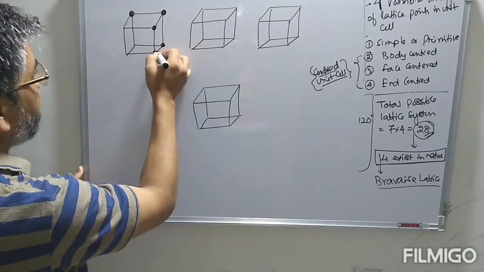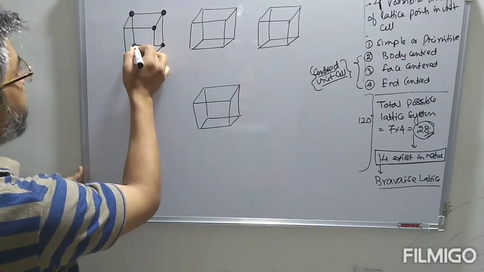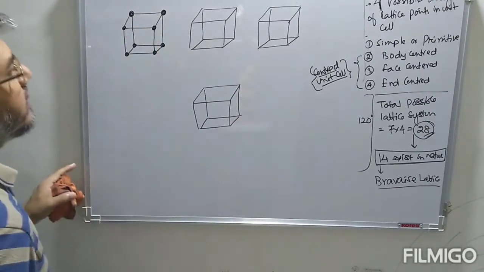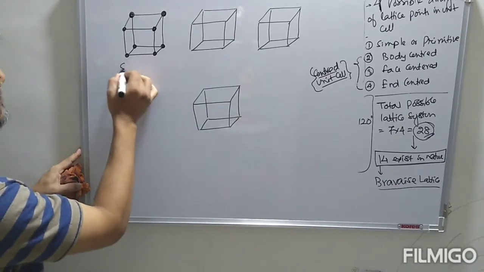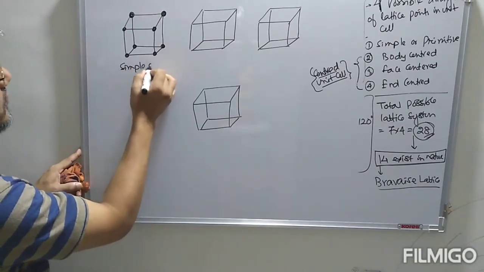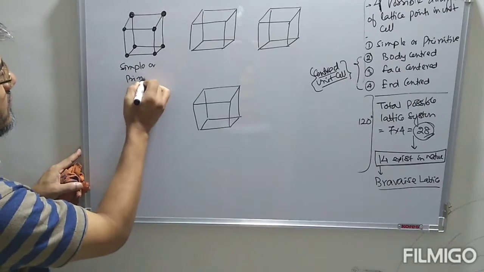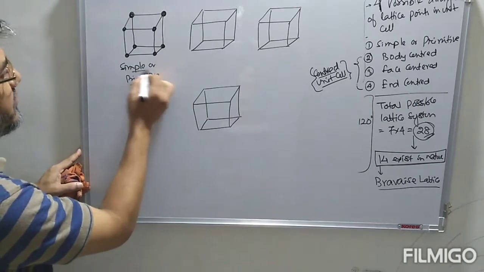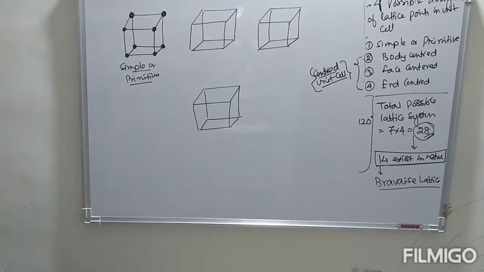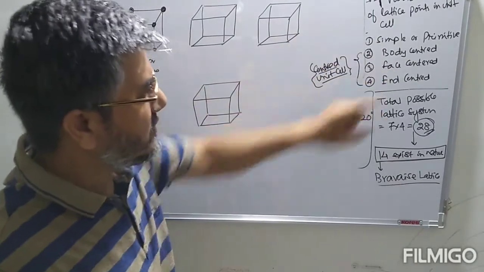If the constituent occupies only the corners of the cube, then we say this is a simple or primitive unit cell. The remaining are body center and face center.